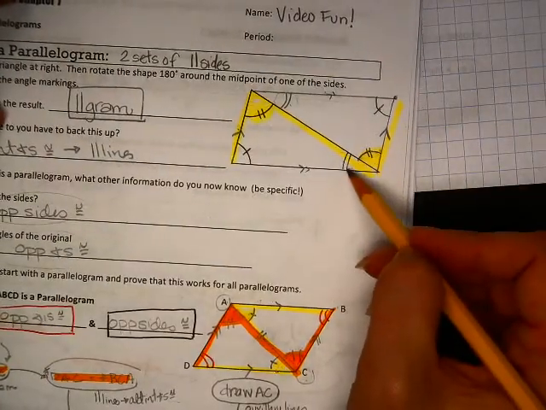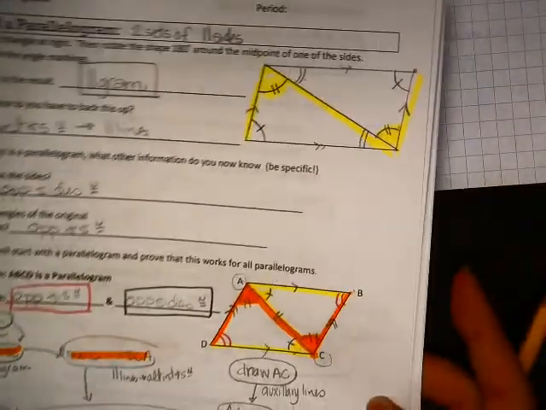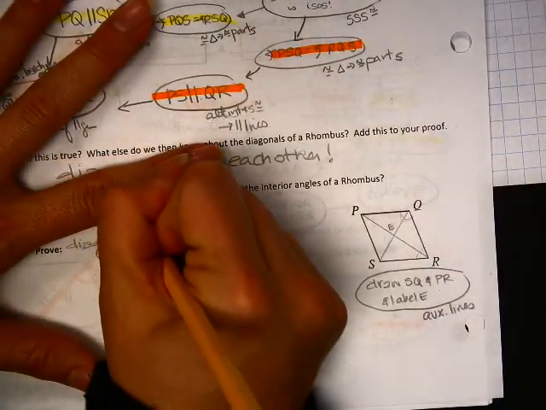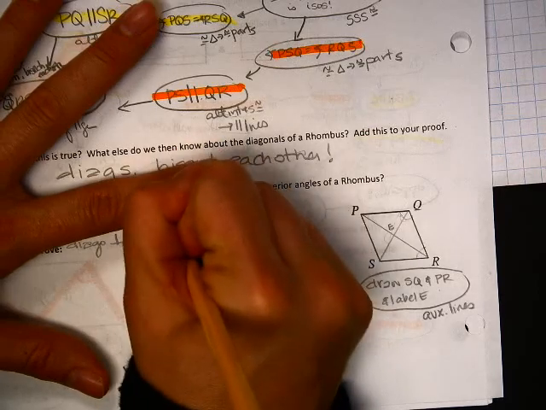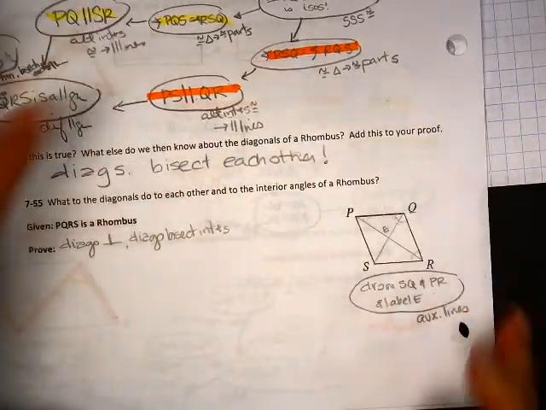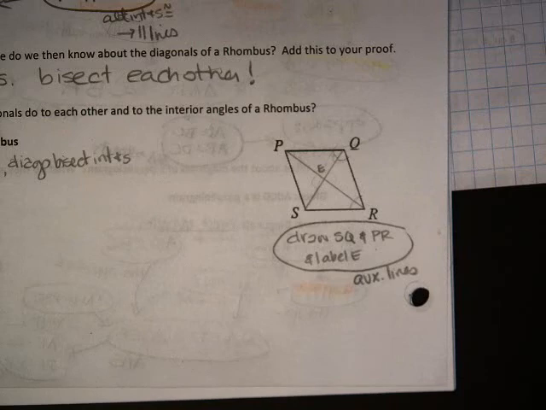That was not true. These guys are not equal to each other. This is slightly bigger than that. So parallelogram, not true. Rhombus appears to be true. So we're going to say that the diagonals bisect the interior angles.